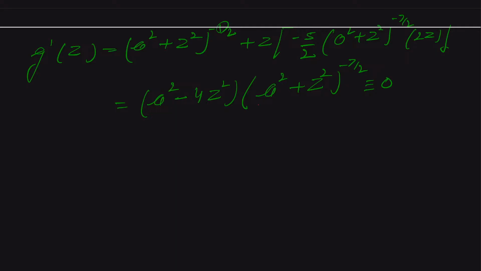Because the other factor is a positive function which cannot be equal to 0, only a² − 4z² is equal to 0. Therefore, we get the value of z as plus minus a by 2.